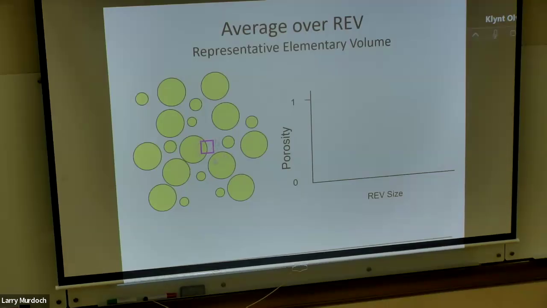So if that was the area of interest, then the porosity in that area would be about 0.5, right? It's about half void. So that would be the porosity at that location. But if we moved it, then the porosity there would be much higher. And if we moved it there, then it would be much lower.